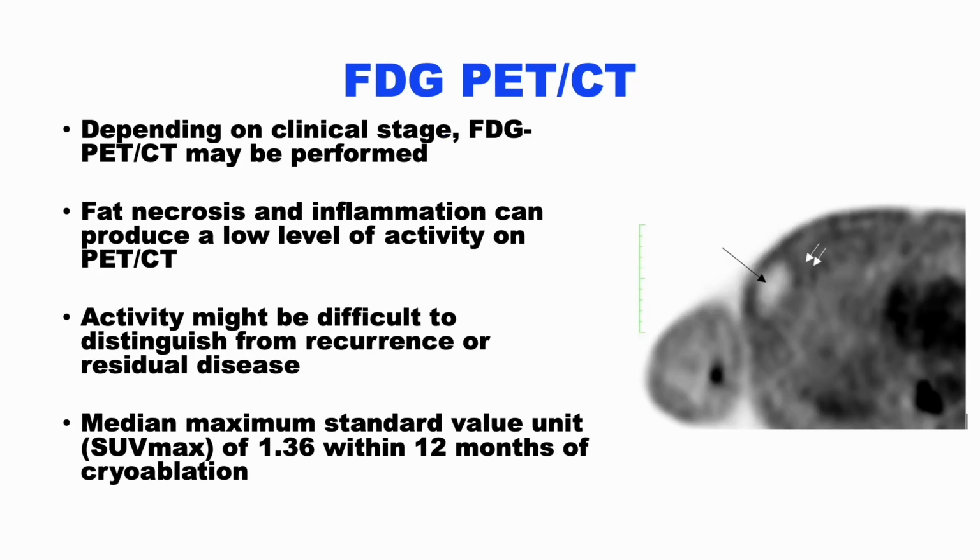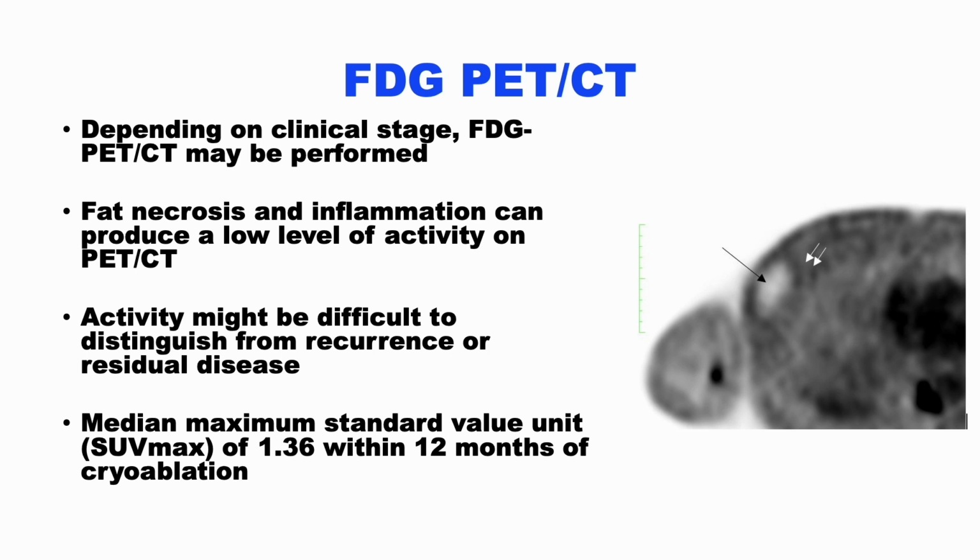Depending on the clinical stage, FDG PET-CT may sometimes be performed to rule out or assess the extent of distant disease. Although PET-CT scanning generally has poor resolution for breast anatomy, fat necrosis inflammation at the cryoablation site can produce a low level of activity on PET-CT that might be difficult to distinguish from recurrence or residual cancer.